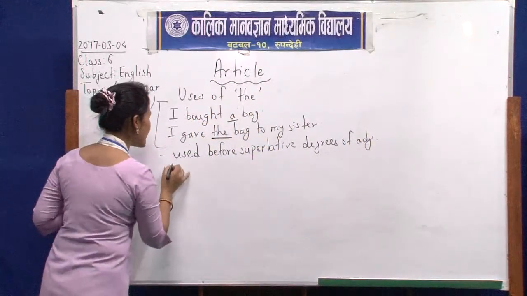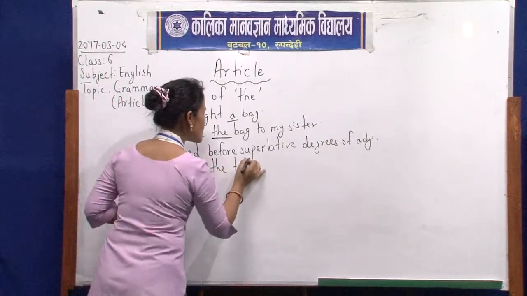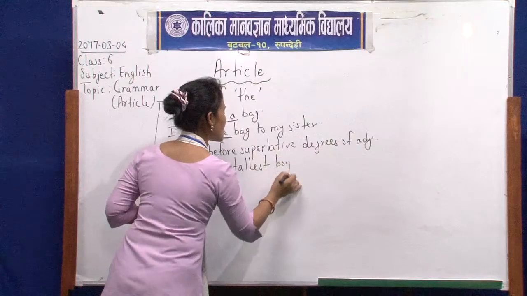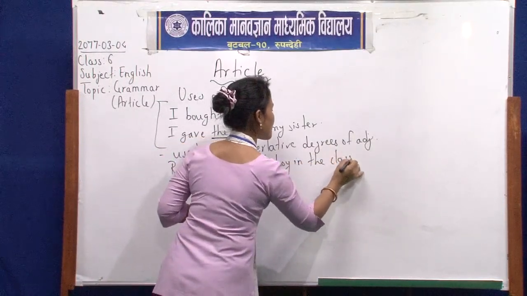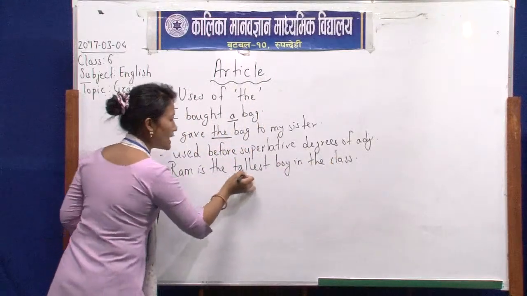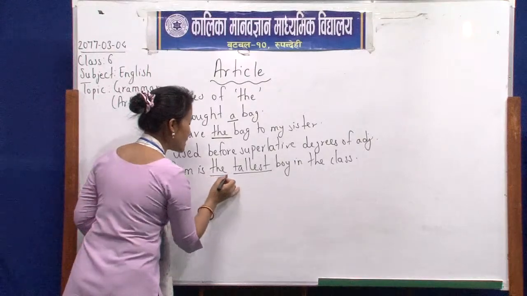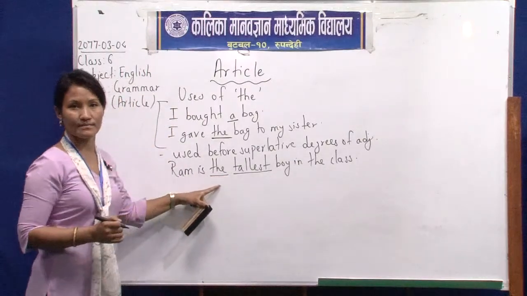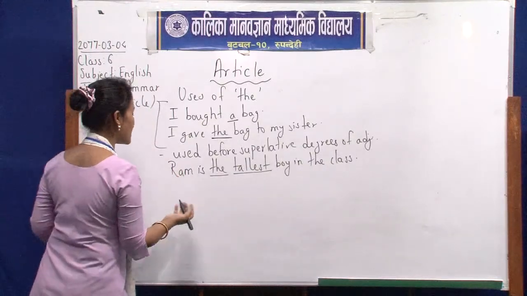For example, Ram is the tallest boy in the class. Now see here, tallest is the superlative degree of tall. So what are we going to use here? The.